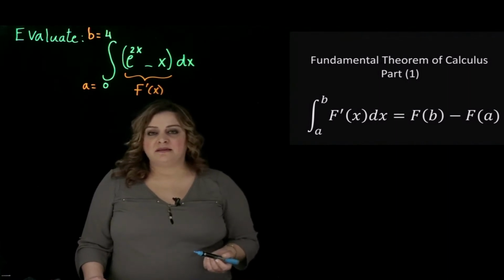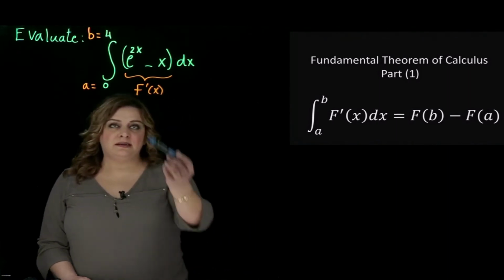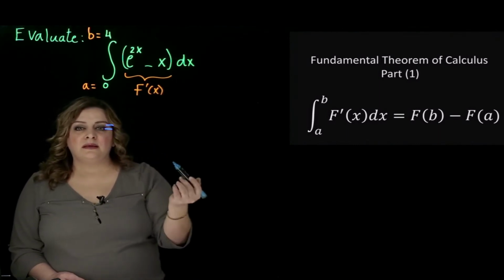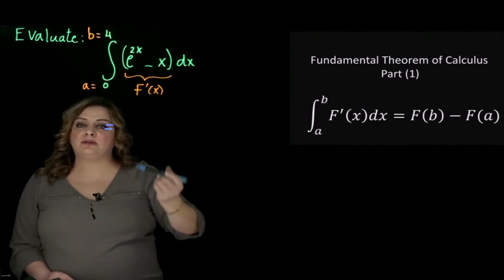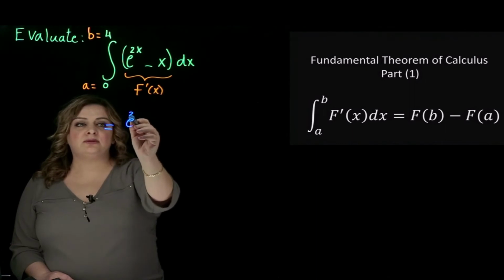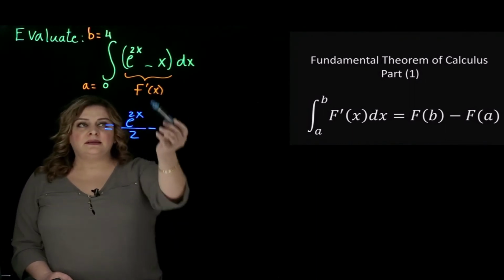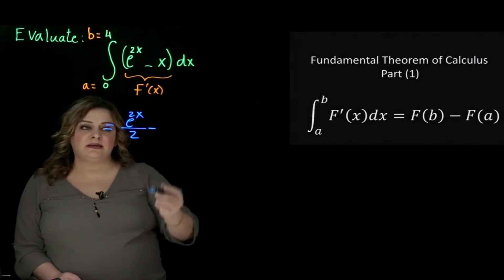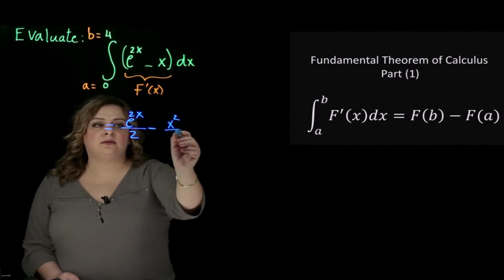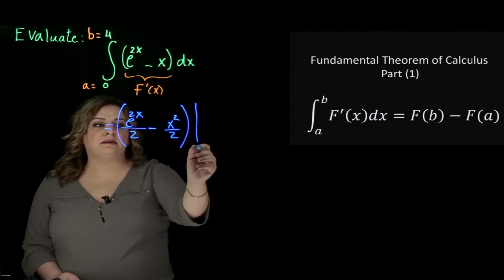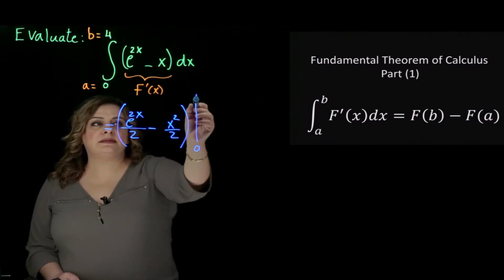We will start and find the antiderivative of this function. The antiderivative of e to the 2x is e to the 2x over 2, minus the antiderivative of x, which is x squared over 2, and we want to evaluate the function from 0 to 4.